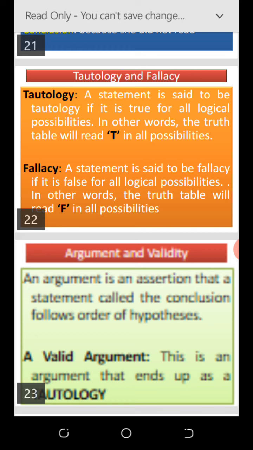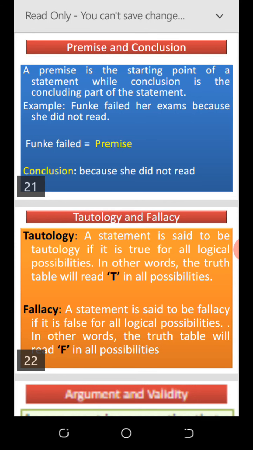in all possible outcomes. Why? When you have a fallacy in logic and philosophy, mind you, a fallacy is a statement that is false, that means F, in all possible outcomes. It means all the final statements will be F, meaning false.